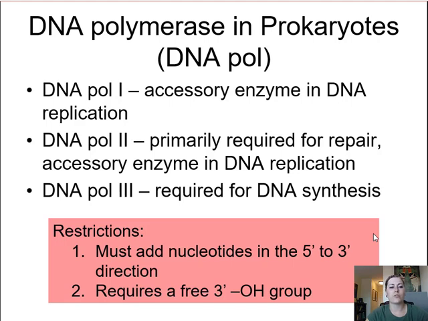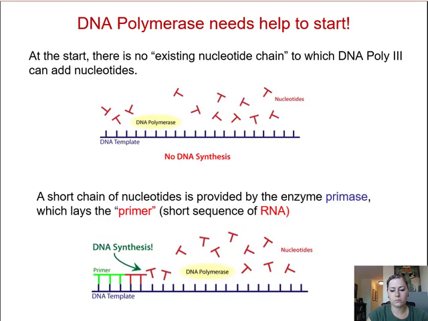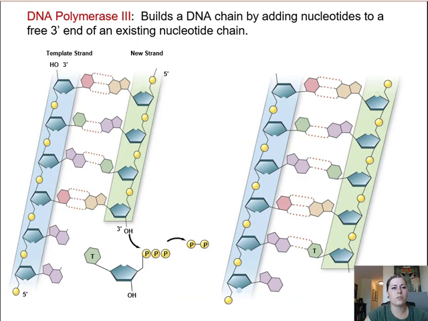So, first restriction is that it must add nucleotides in the 5' to 3' direction. And it also requires a free 3' hydroxyl group located at the 3' location on the 5-carbon sugar. So here's another look at what I'm talking about.